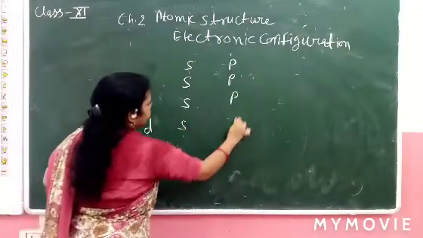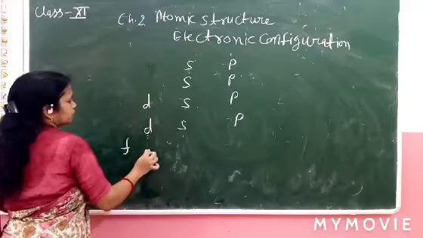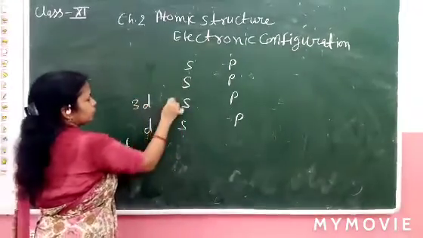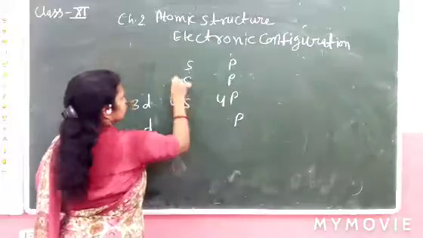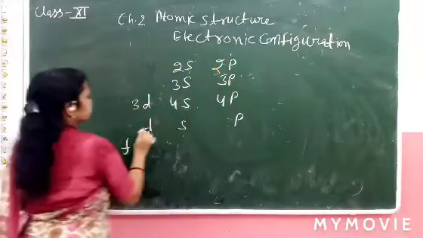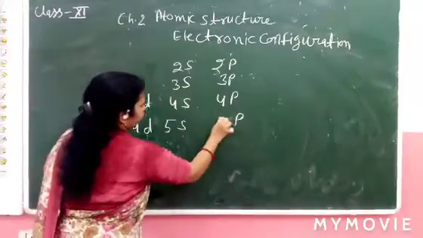This table prepared by me. First 3, 4, 4, 3, 3, 2, 2. Then 4, 5, 5.